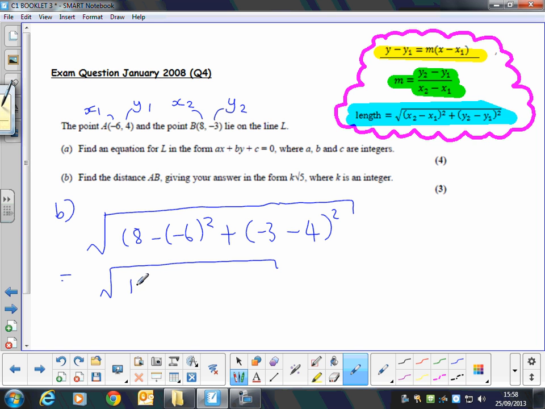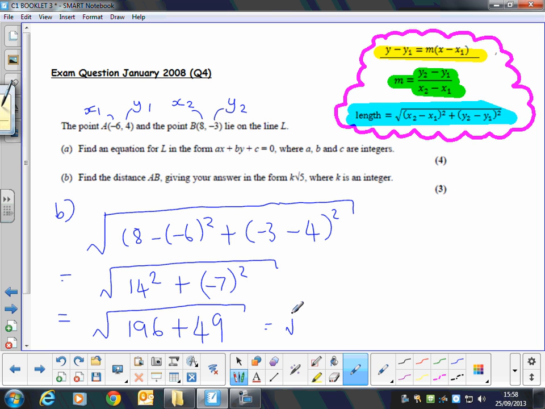So I've got 14 squared, plus minus 3 minus 4, which is minus 7, and then minus 7 squared. 14 squared will give me 196, plus minus 7 squared, which will give me 49. If I add those together, I will get 245.